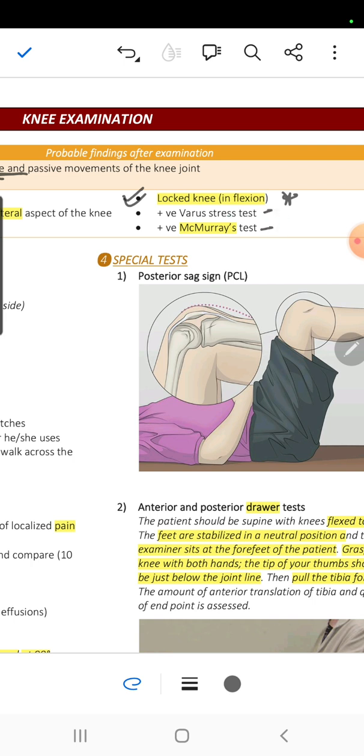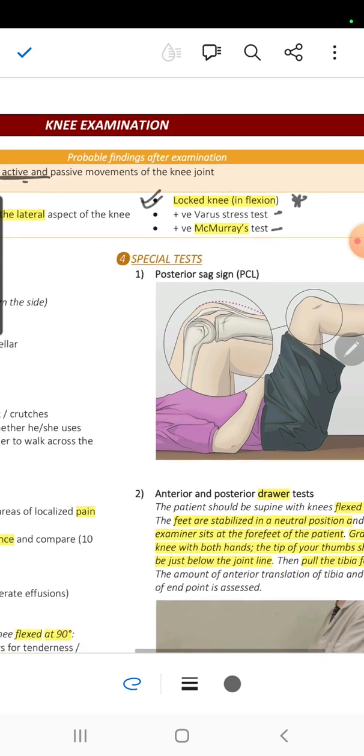A positive varus test denotes lateral collateral ligament injury. A positive McMurray's test with an externally rotated foot denotes medial meniscus injury, and if we do the McMurray test by internally rotating the foot, it points towards lateral meniscus injury.